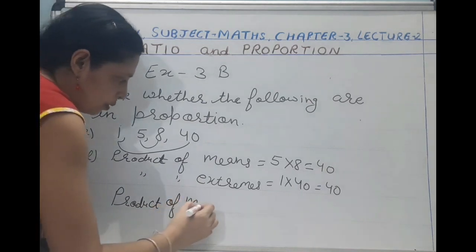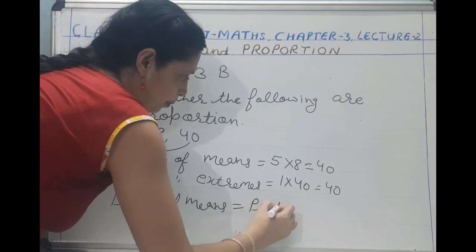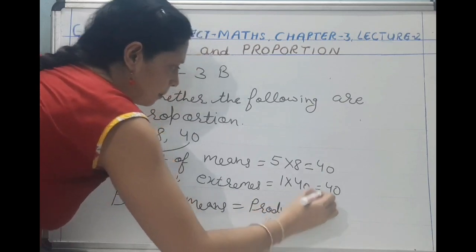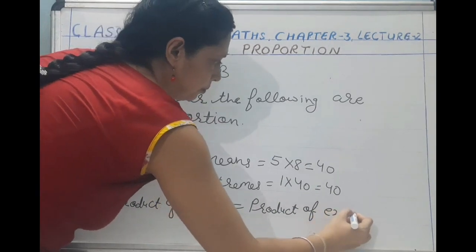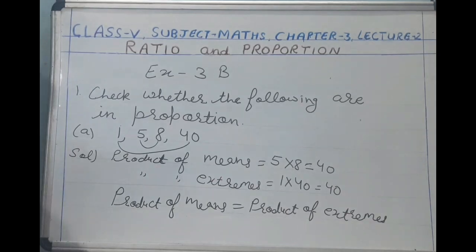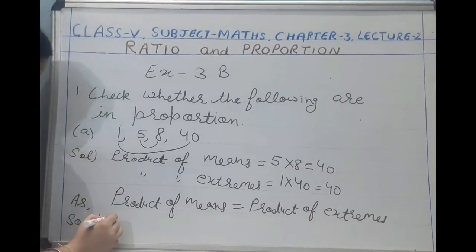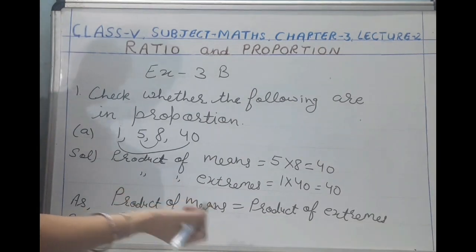Now see, product of means is equal to product of extremes. Right? So these are in proportion, as product of means is equal to product of extremes. So 1, 5, 8, 40 are in proportion.